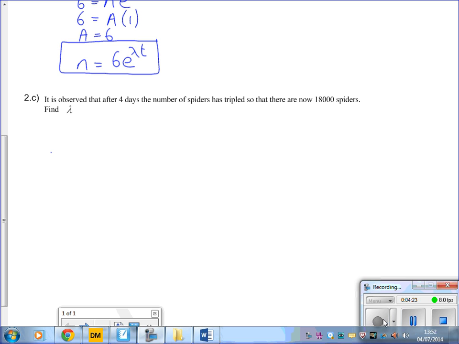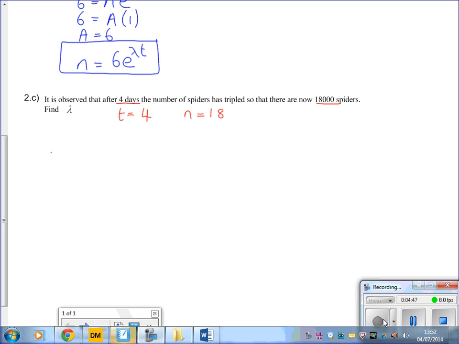In part C, I'm given some more information in order to find the unknown, lambda. So it is observed that after 4 days, so t equals 4, the number of spiders has tripled, now 18,000. So n equals 18.